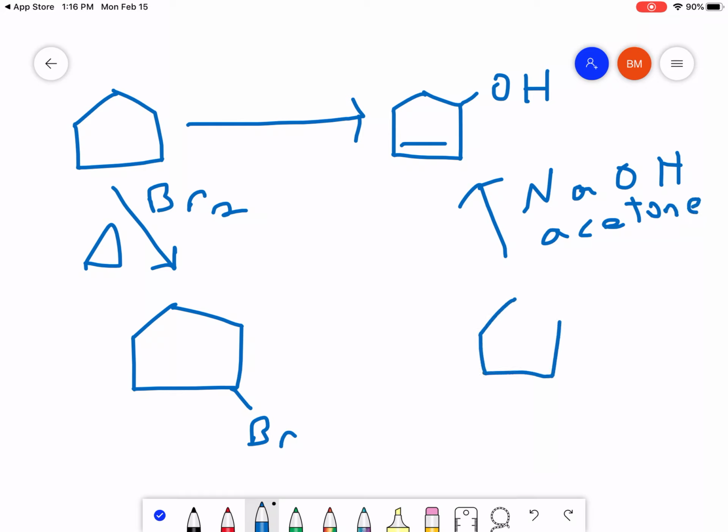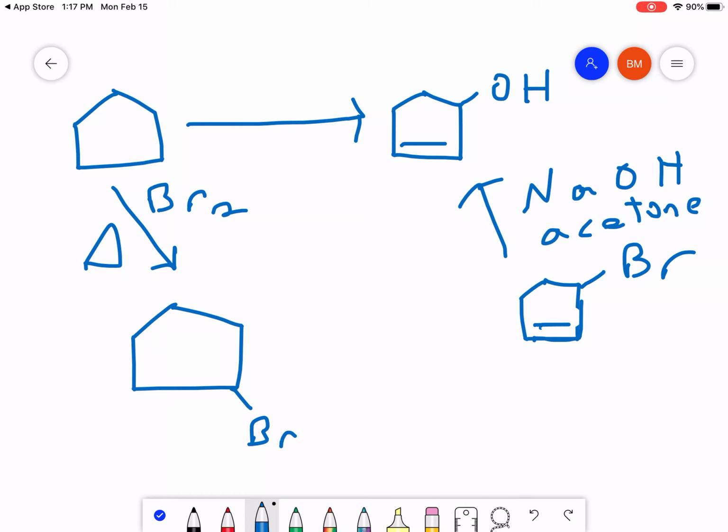If maybe we had an alkyl bromide. Ah, crud. So much easier with a stylus. There we go. This is just a chapter 7 reaction. So, if we could somehow make this species that has a Br at an allylic position, that would be great.